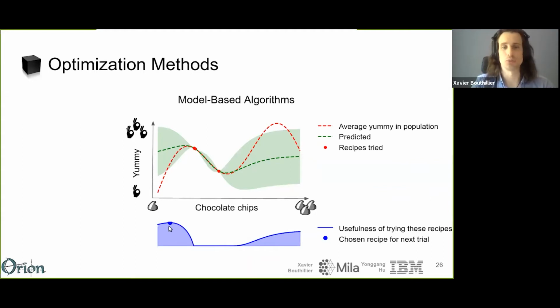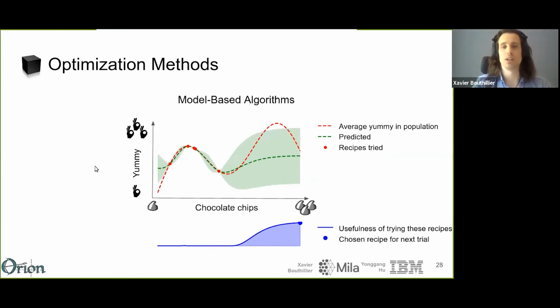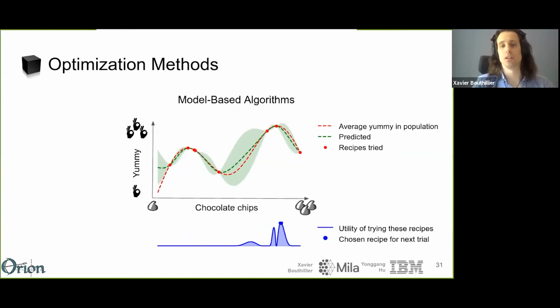So that would be a useful recipe to try. And so we bake this cookie, we evaluate it, we fit the model again, and we do this iteratively, like for the evolutionary algorithms, until, again, either we exhausted the cooking budget or we converged to a good recipe.